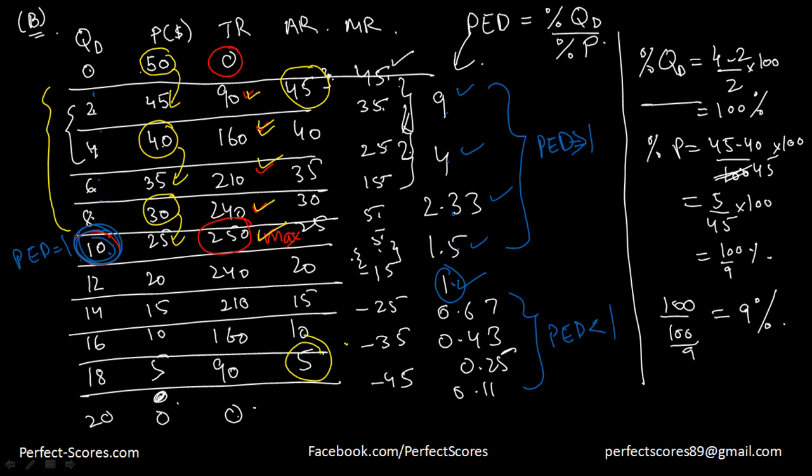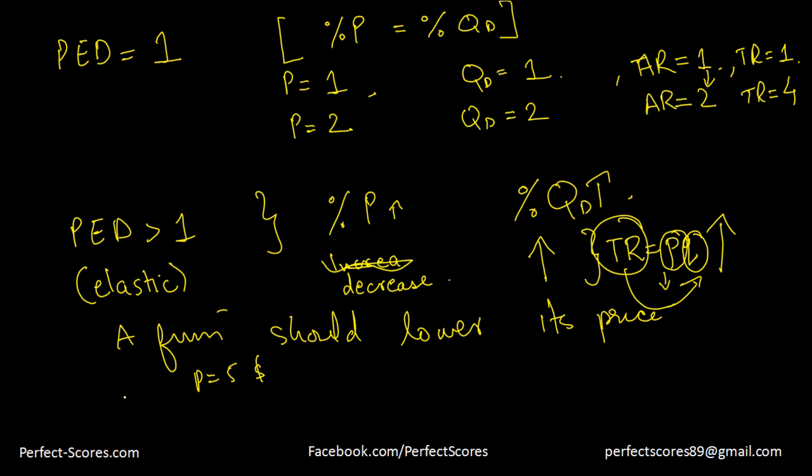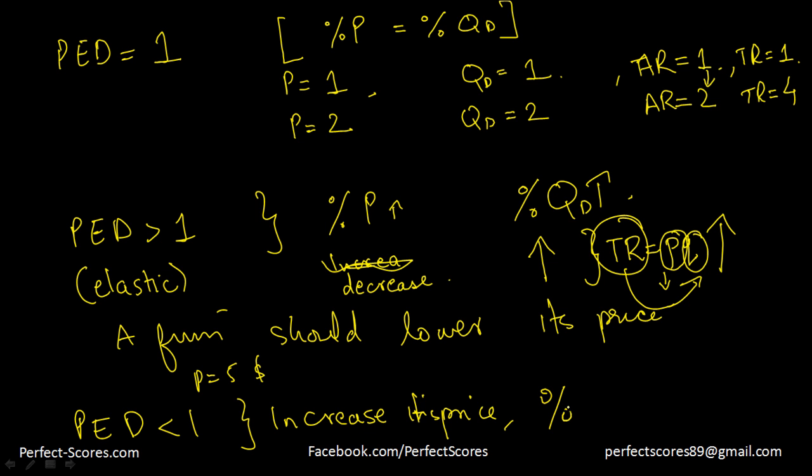And when price elasticity of demand is less than 1, a firm should increase its price, because if they increase their price, the change in quantity demanded will not be that large. So again, the total revenue will increase.